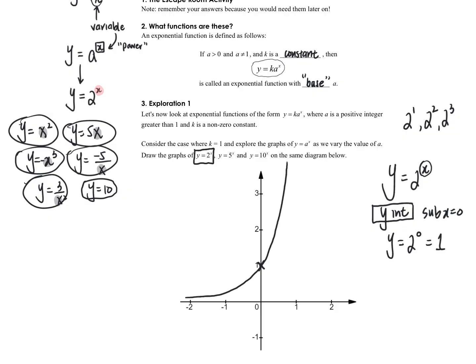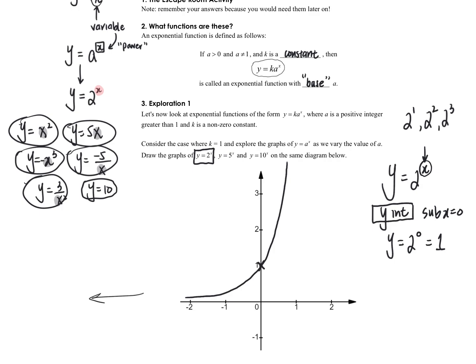No matter how small an x value you sub in as the power, you will never get 0. You try 2 to the power of 0.000000001, or negative 0.something. You just think of any number that is small enough on the extreme end.